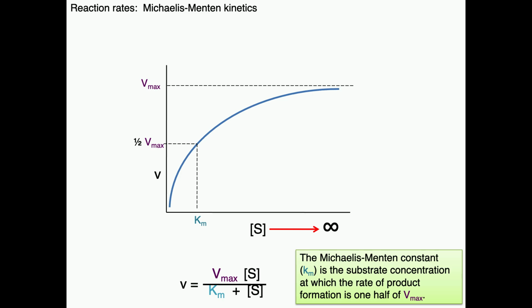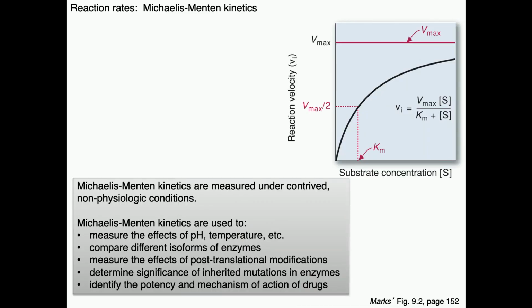Okay, so those two parameters are going to show essentially how steep the linear phase of the hyperbola is and when it plateaus out. Okay, and that's shown here from your Marks textbook if you wanted to look at their version of it.